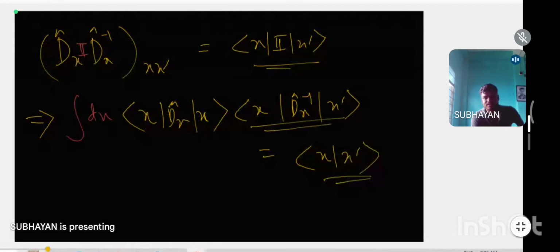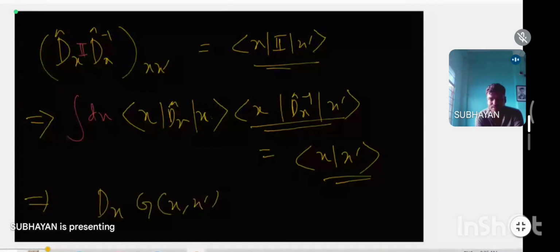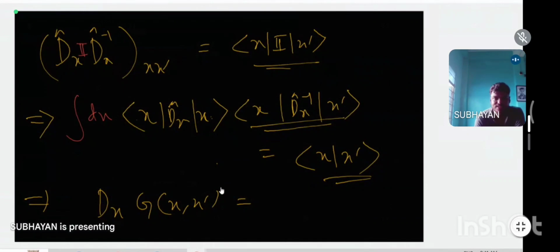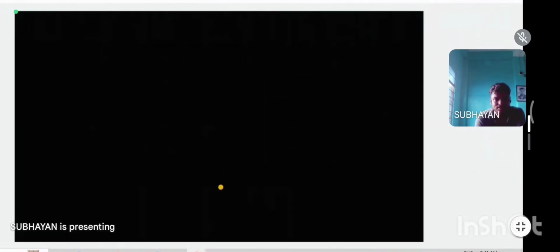So this is the Green function, and all of these things, this x and x again make the unity operator and it will be gone. So it will be integration dx over G(x, x prime). What is the form of <x|x prime>?